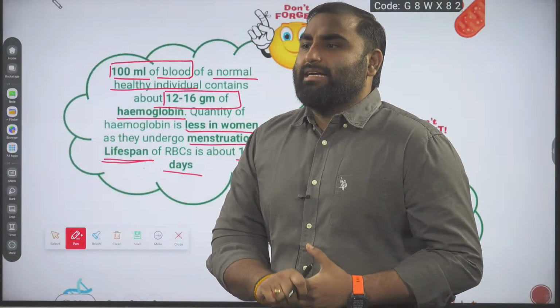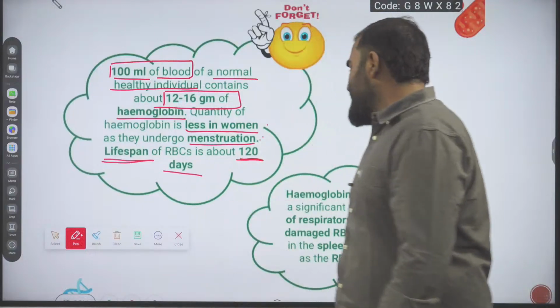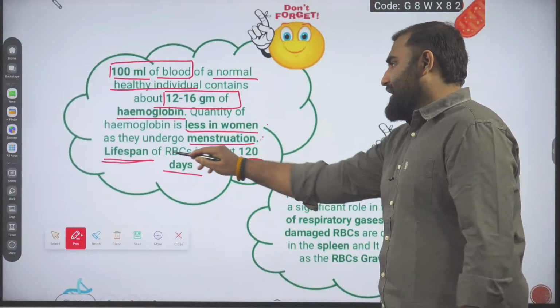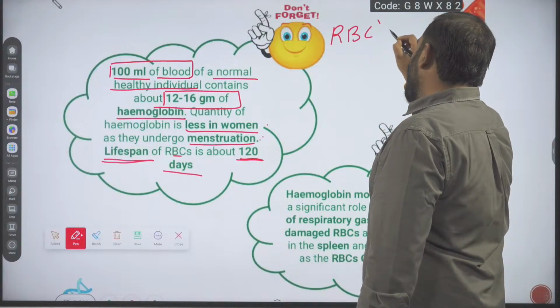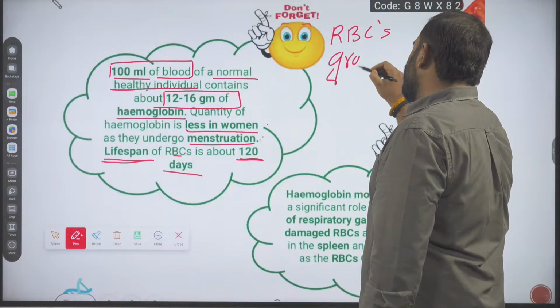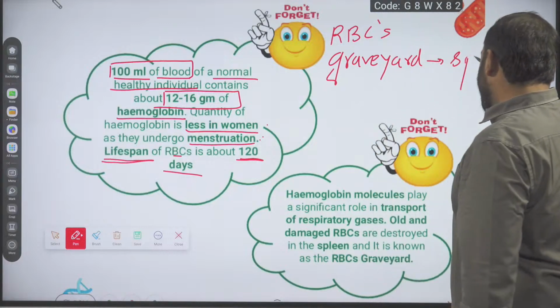So when RBC gets tired, we have to break it down. After 120 days, the RBC will be sent to the graveyard. RBC's graveyard is the spleen.